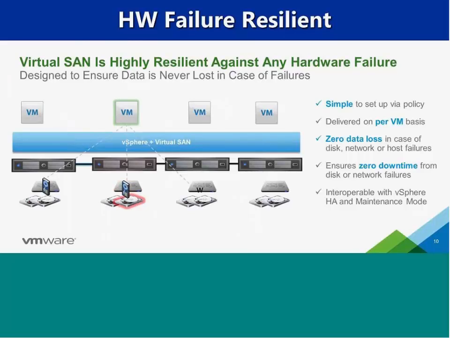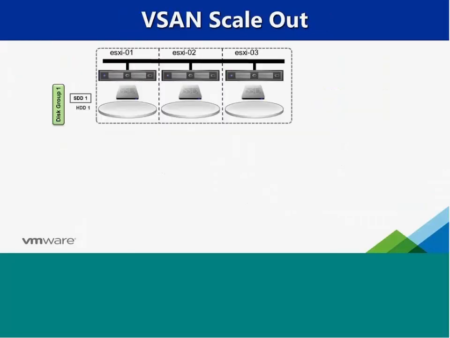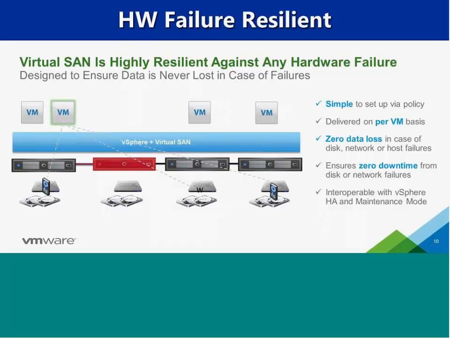So fault tolerant 1 means it's going to make 2 copies on 2 different hosts at any given point in time. If one of those hosts goes down, it can easily see that it's out of compliance and create a new mirror on another host if that host was the one participating in its second copy. So there is integration into HA. There's multiple ways that you can configure your zero downtime fault tolerance. You can choose larger fault-tolerant policies as well. Next slide.